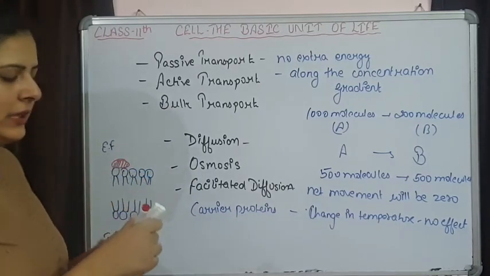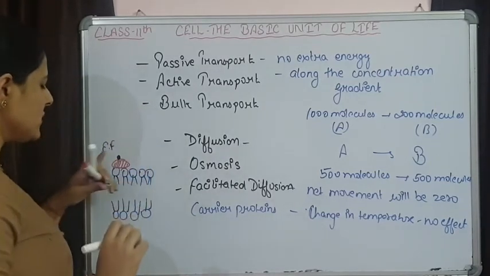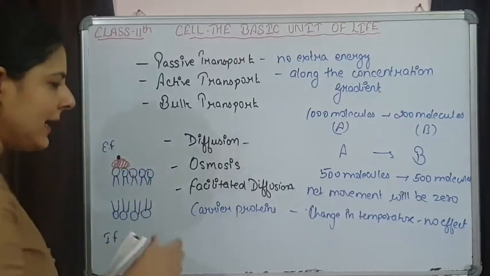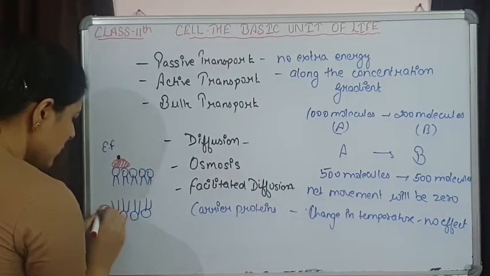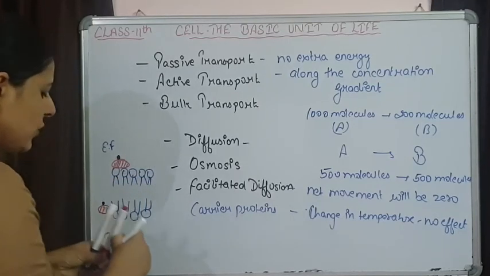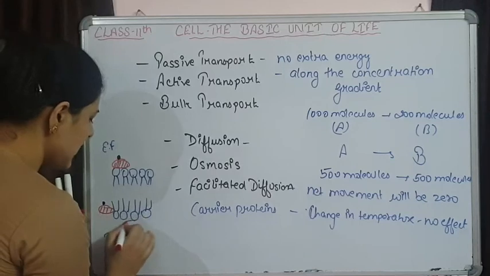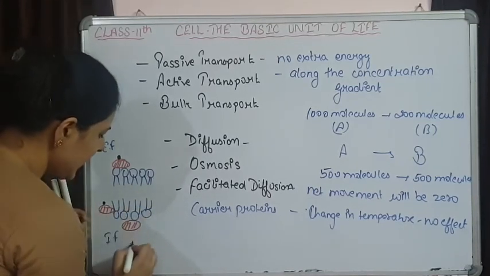Now this protein has a binding affinity for a particular molecule, so it is going to bind with the molecule and it is going to move through this plasma membrane. It is going to come here with the bound molecule, and finally it is going to come at this intracellular side and release this molecule over here.